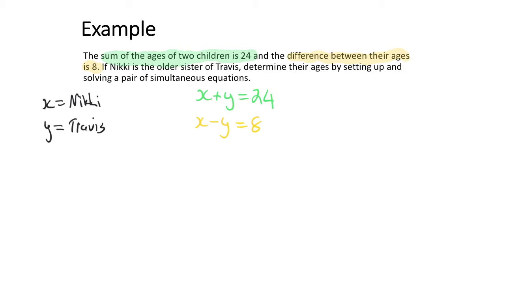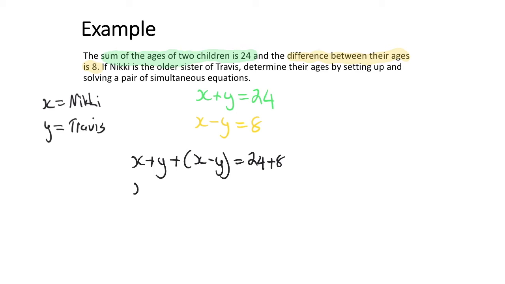Of the methods available to us to solve those simultaneous equations, the best method to use would be the elimination method. Because we've got a plus y and a minus y, when we add those equations together, it is going to cancel out the y's. So looking at the left-hand side, it's going to be x plus y, and then we're going to add on the left-hand side from the second equation, x minus y, and that is going to equal 24 plus 8.